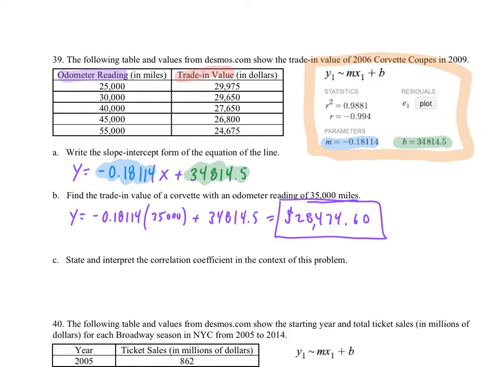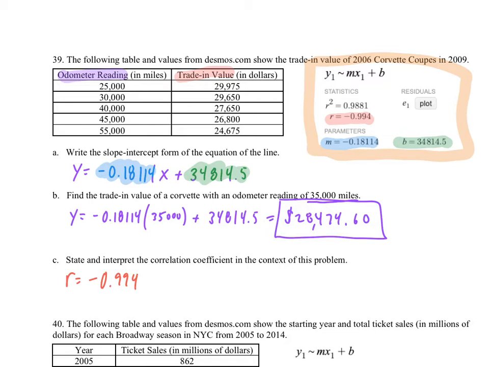And then the last thing they want us to do is to interpret the correlation coefficient, which is just R. So what does it mean? R equals, don't use R squared, use just R, -0.994. This has to do with that chart we had that one day where it started at -1, went all the way to +1, and then 0 in the middle.